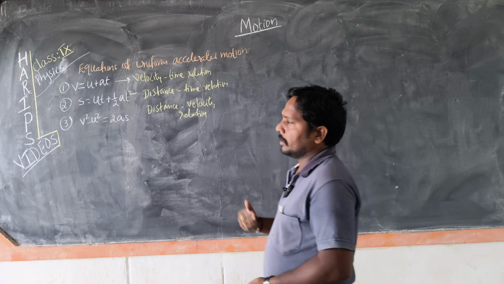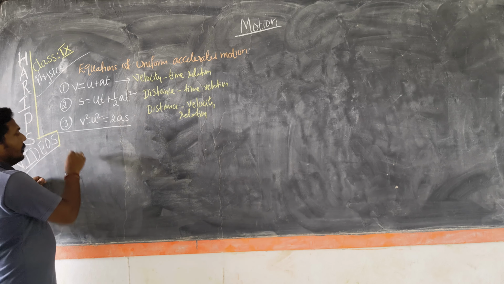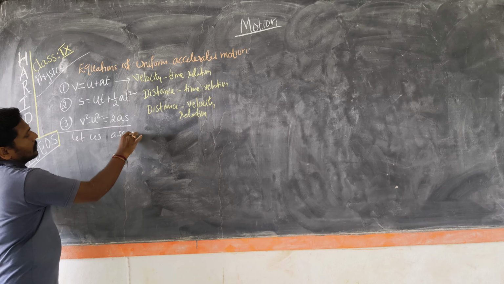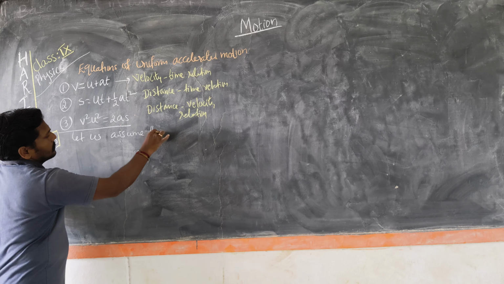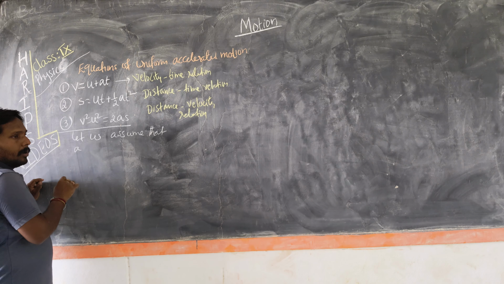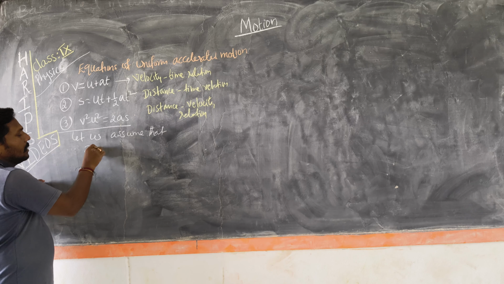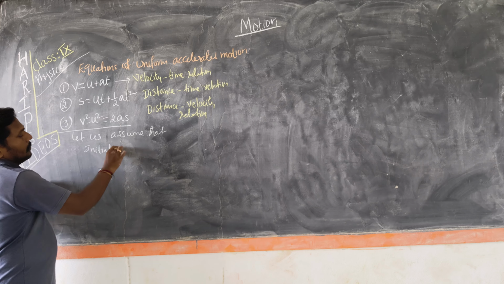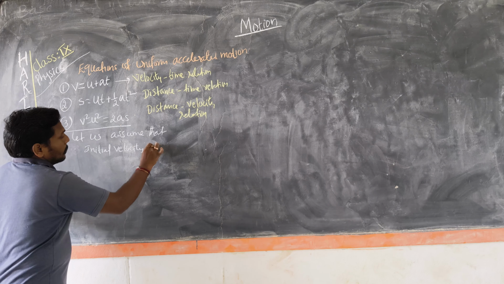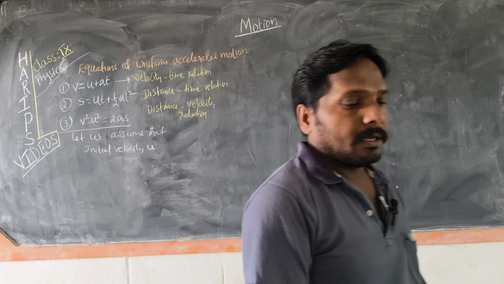Let's derive the equations one by one. For that, let us assume a body is moving with initial velocity u.